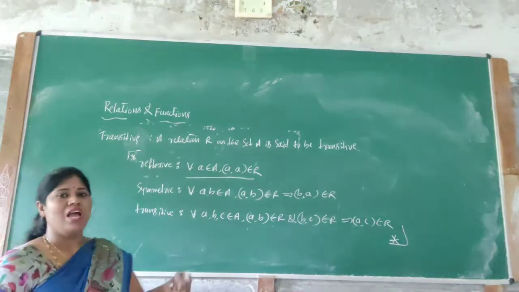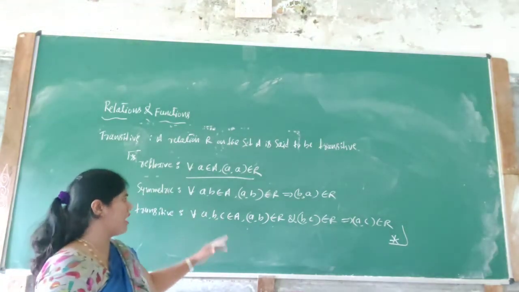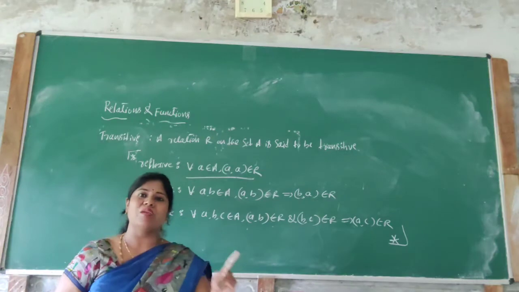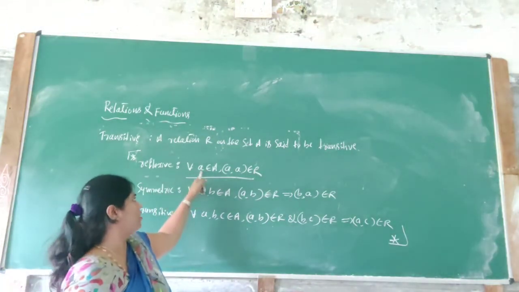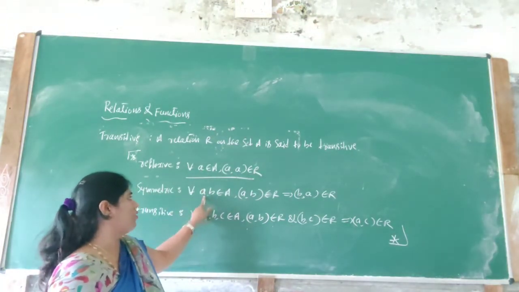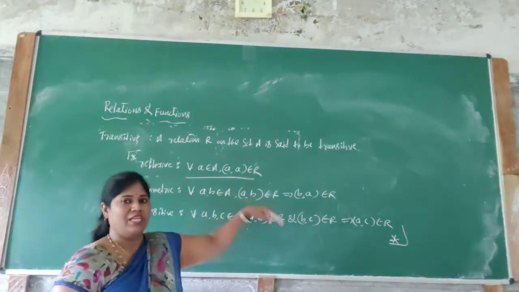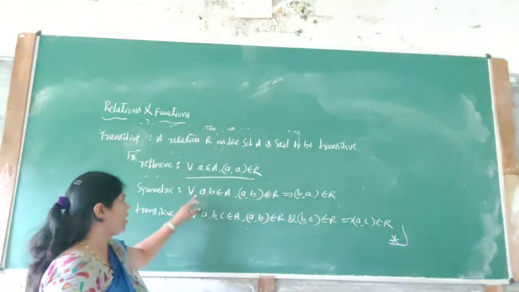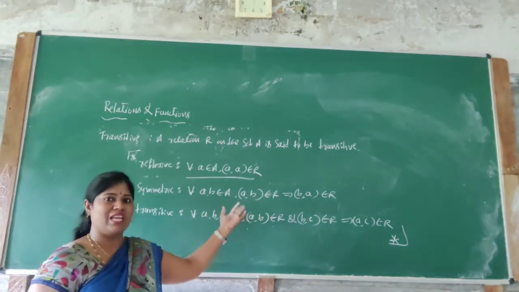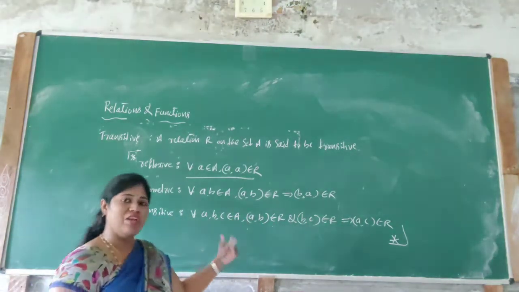The relation R on the set A is said to be transitive if for all a, b, c. In reflexive there is only one element. In symmetric there are 2 elements, because a is related to b. So here we have to consider 2 elements a and b, and here a, b, c we have to take.